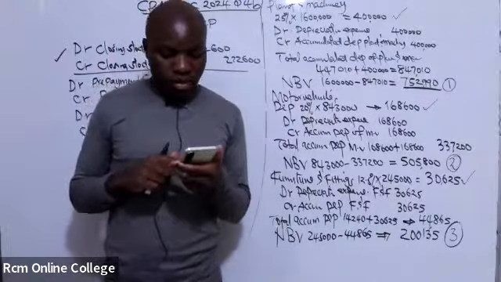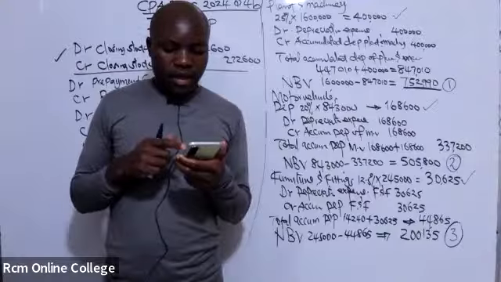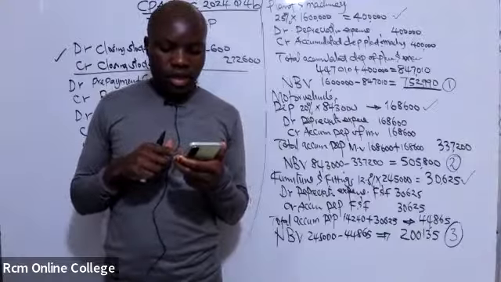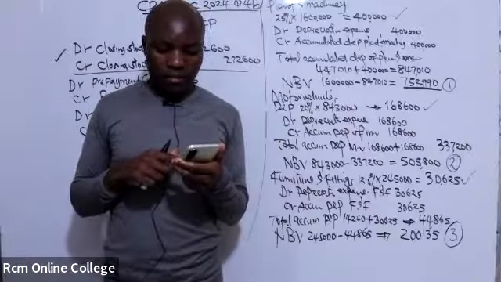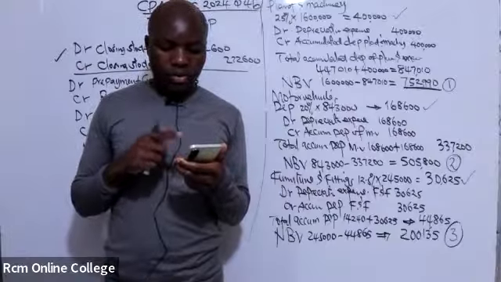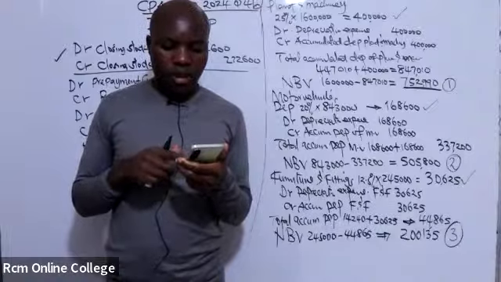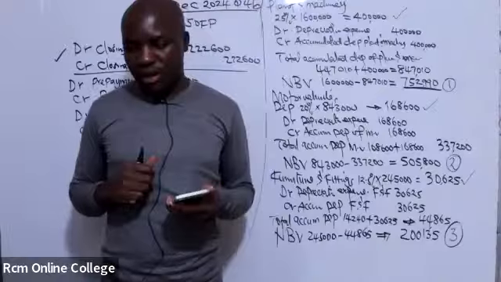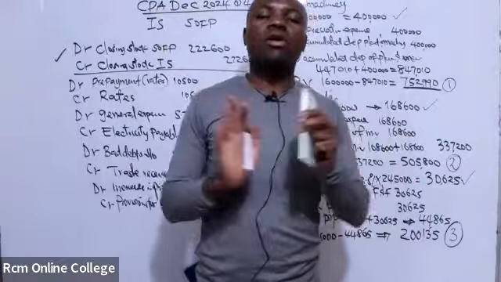Then number 7, included in the wages and salaries is an amount of 93,000 paid to the domestic workers. The amount paid to the domestic workers is not meant for business.